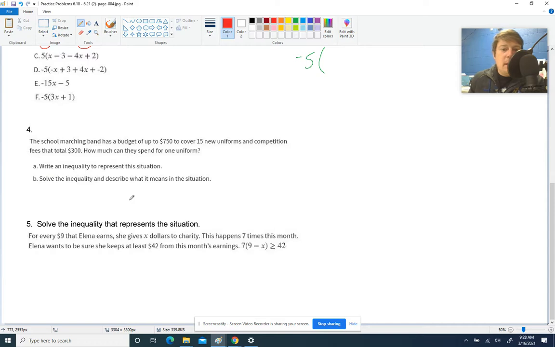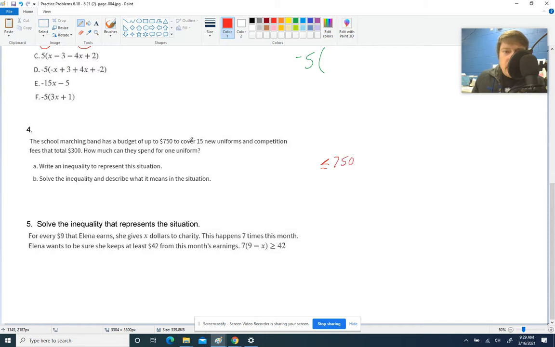The school marching band has a budget of up to $750 to cover 15 new uniforms and competition fees that total $300. How much can they spend for one uniform? All right. They've got a budget of up to 750. So that means they can get up to or equal to. So we need to stay under $750.